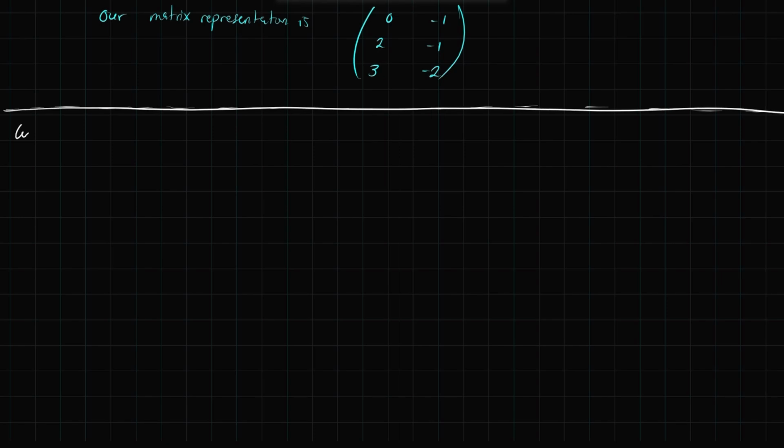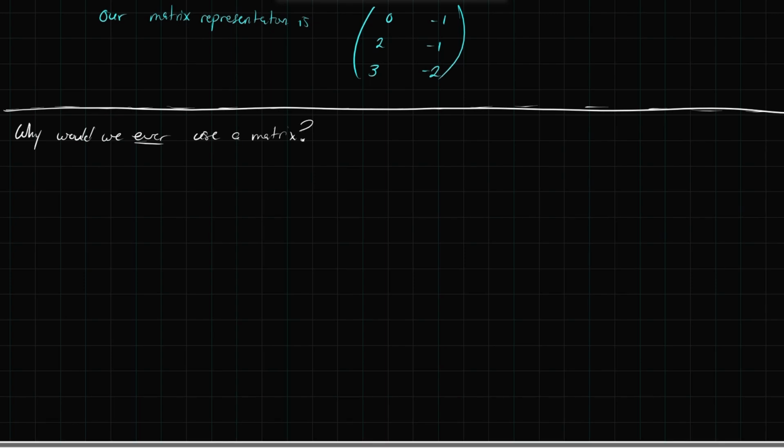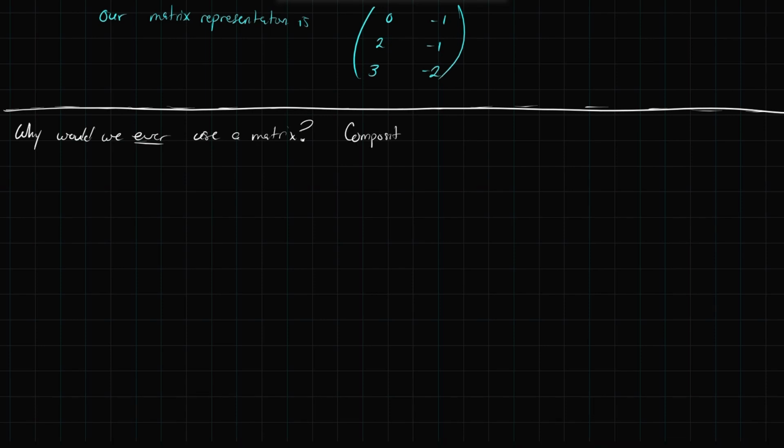Let's actually say, why would we ever use a matrix? And the primary answer to this is composition of linear maps. So this is like function composition. So let's consider the following.